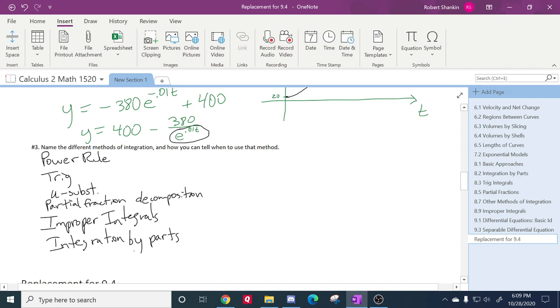What is integration by parts? What's the formula for that? Anybody? It's the integral of u dv equals uv minus the integral of v du. Very good. You have to have a formula memorized to do this one.